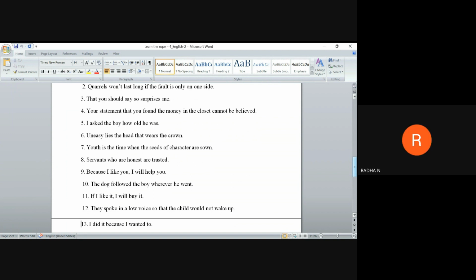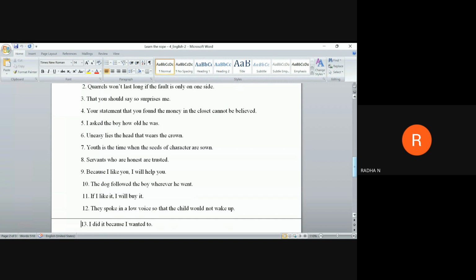Noun clause. Because you can replace it with something. You can replace it with, okay, the dog followed the boy. What can you replace it with? You can replace it with a place name, or shop, something. So then what would the sentence be like?